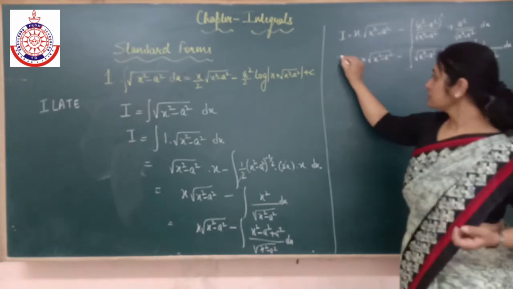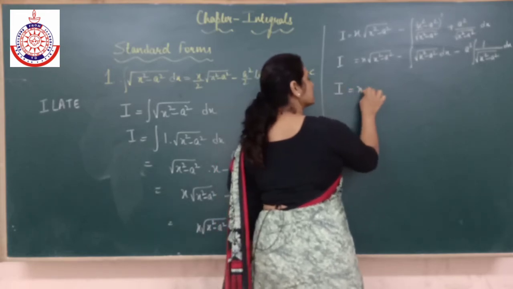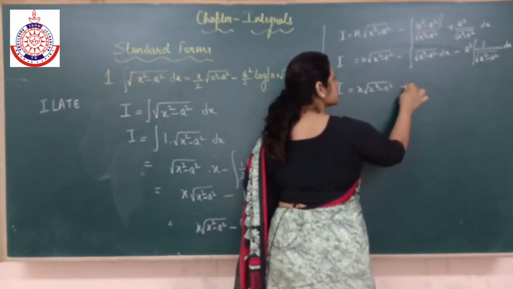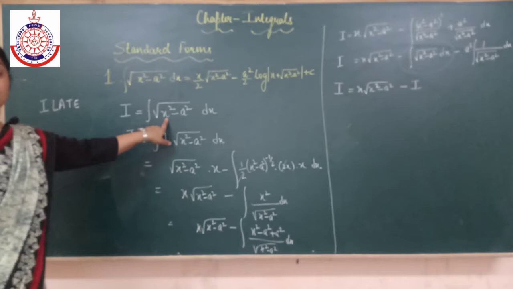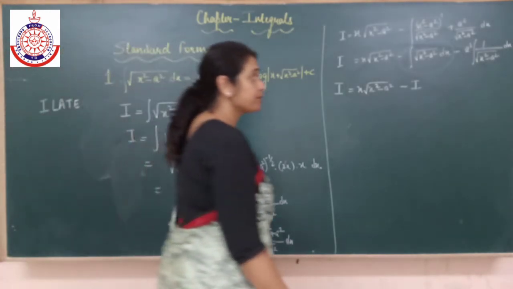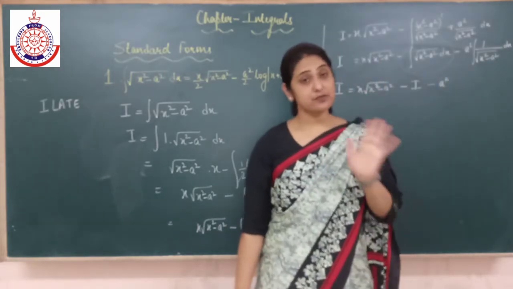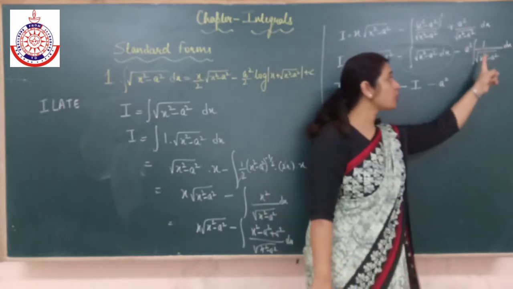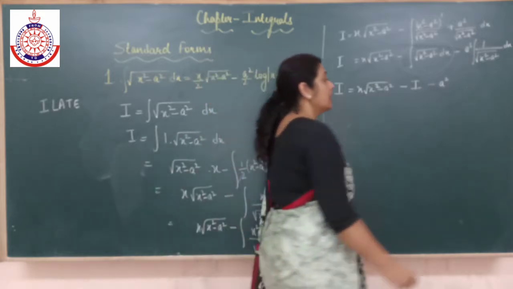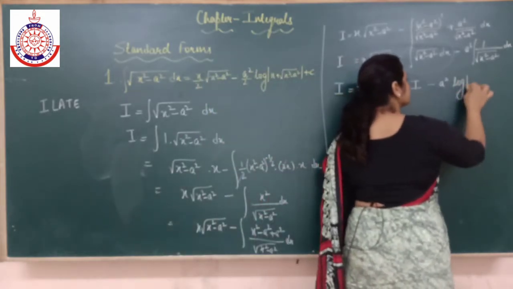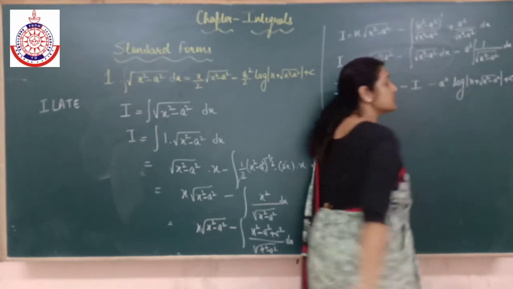Alright. Now, see to it. What is this? This is I. So I'll put I in that place. And recall the formula. When you're doing some integration, you can't forget the previous one. I've told you that a number of times. So what is the integration of 1 upon under root x square minus a square? Remember, it is log of x plus under root x square minus a square plus c.